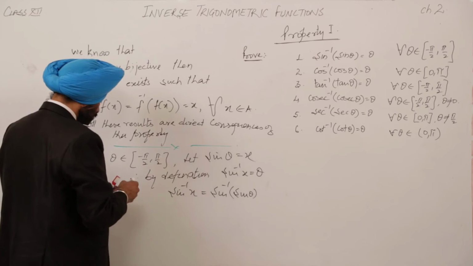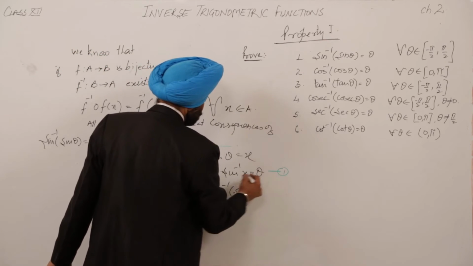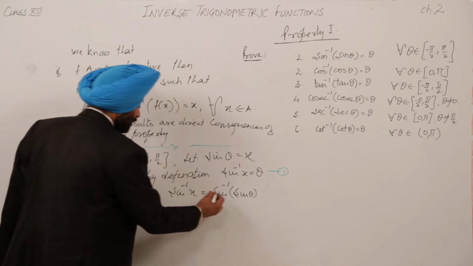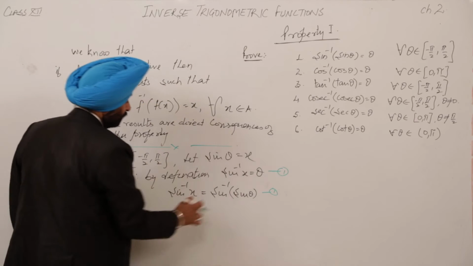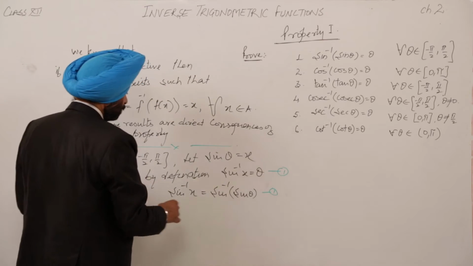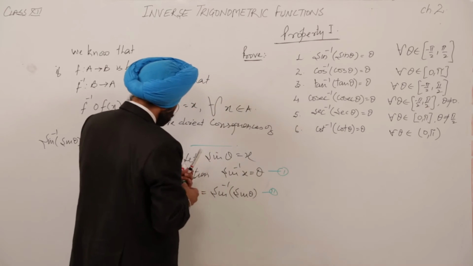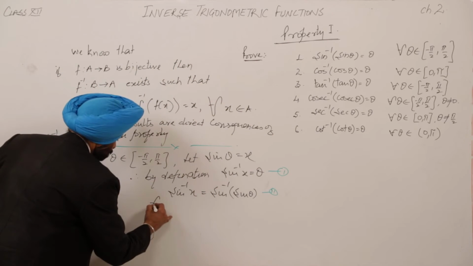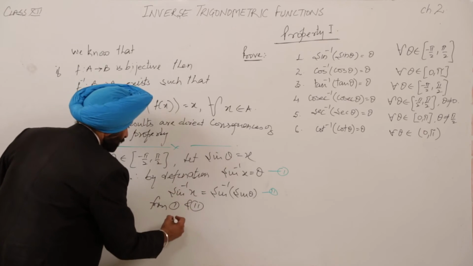Now, one is this, sine inverse x is equal to theta. The other is this, sine inverse x is equal to sine inverse sine theta. So from 1 and 2, what are we getting?